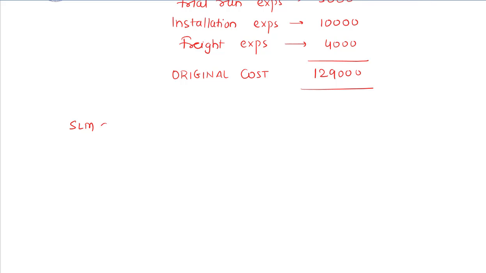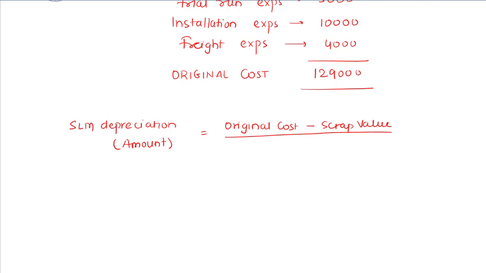Let us calculate SLM depreciation. SLM depreciation amount is original cost minus scrap value, divided by estimated useful life of the asset. Original cost is 1,29,000.